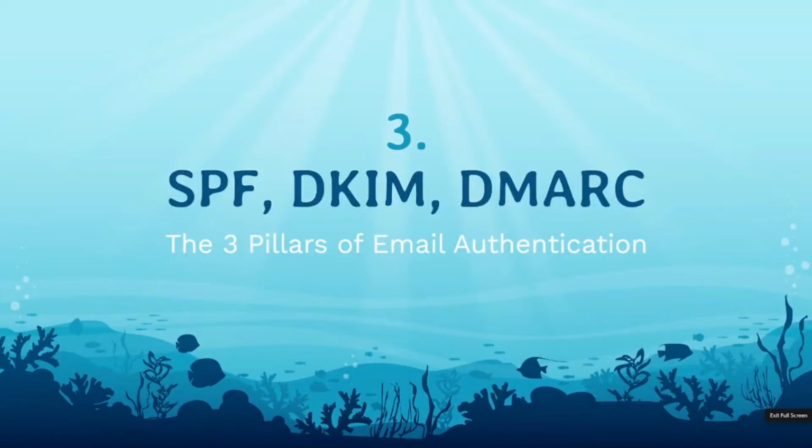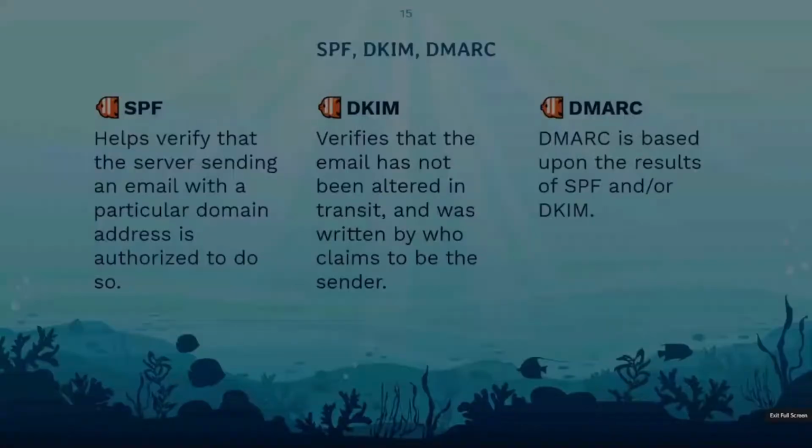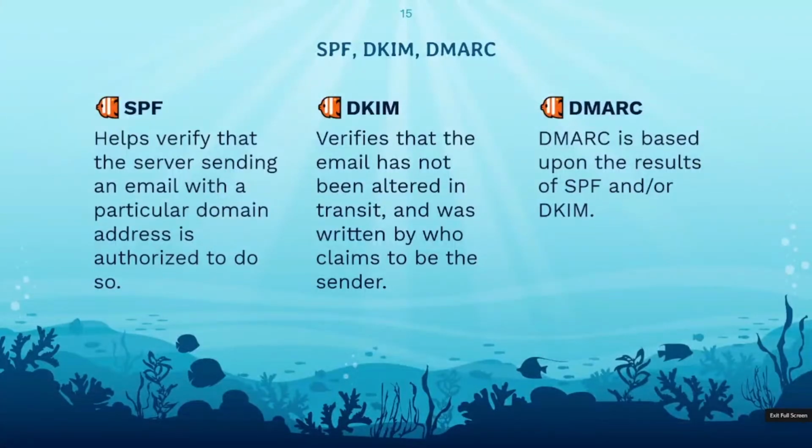Let's continue with the three pillars of email authentication: SPF, DKIM, and DMARC. SPF helps us verify that the sender sending an email with a particular domain address is authorized to do so.